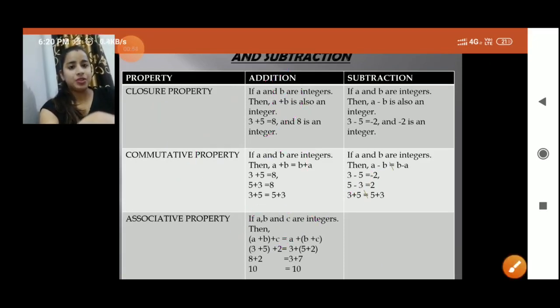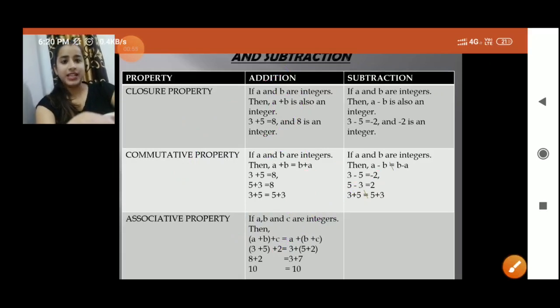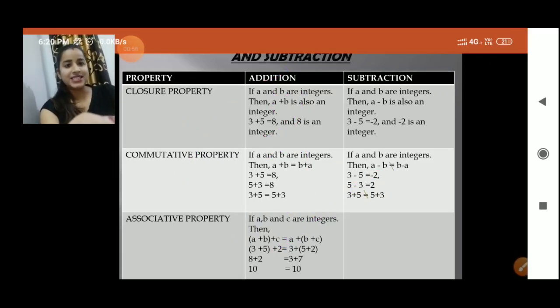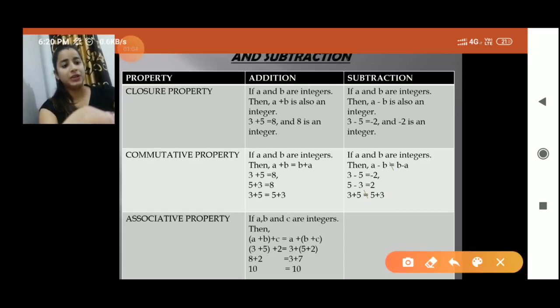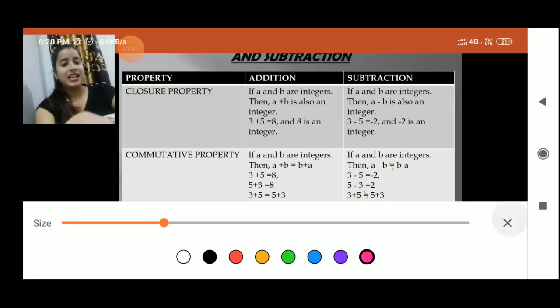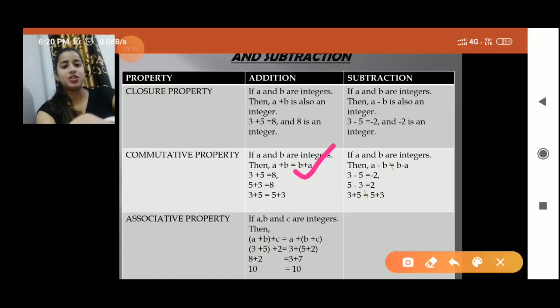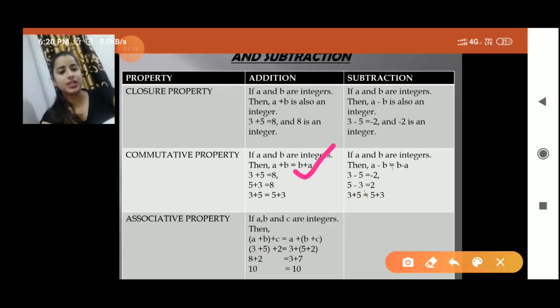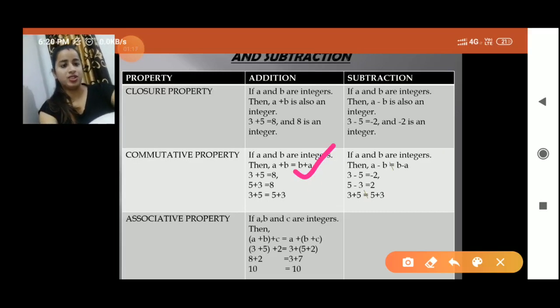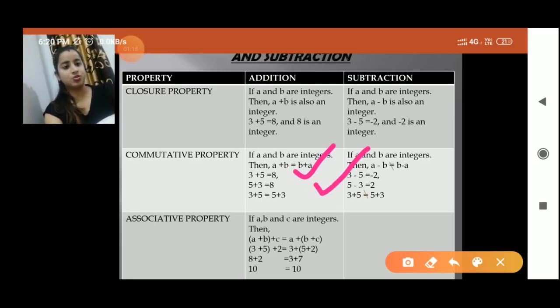Now next comes the commutative property. It states that if a and b are integers, then a plus b equals b plus a. Like a plus b, we can do 3 plus 5, which equals 8. And b plus a means just reversing the position, which equals 5 plus 3, which gives us 8 again.